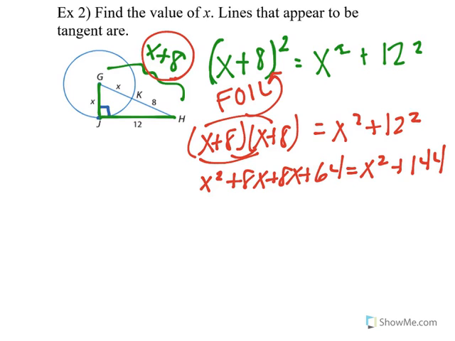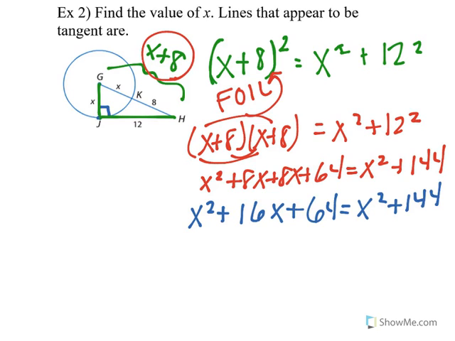Now I'm going to combine like terms on the left side. x squared plus, in this case, 16x plus 64 equals x squared plus 144. Now normally, I would say you would have to factor this, get one side equal to 0. But if you notice, this one actually works out nicely because you see there's an x squared on both sides.